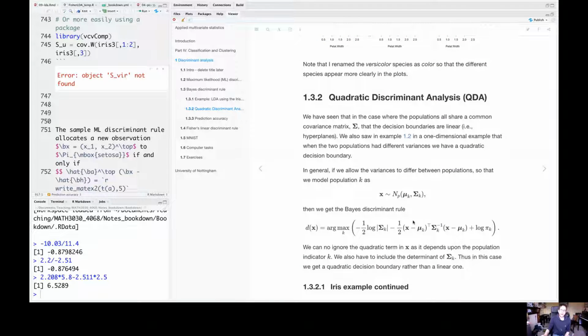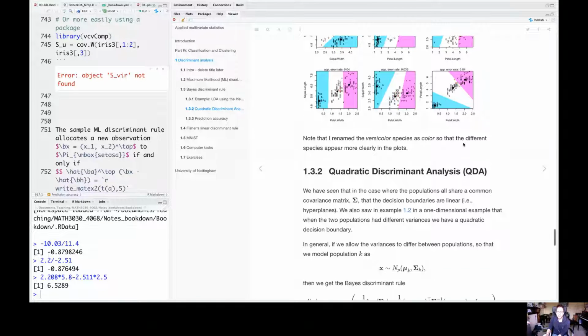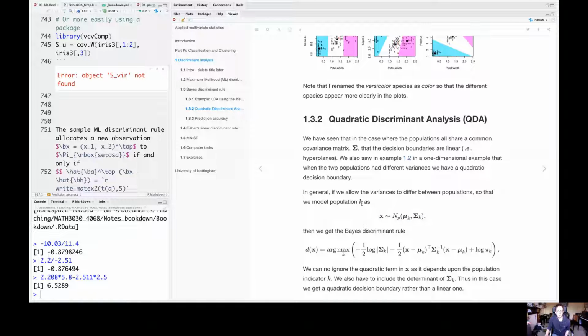So these here are linear decision boundaries. And we said we get linear decision boundaries if we use the same covariance matrix for each population. Okay. So if we have populations 1 up to G, and if we have population K being multivariate normal, we said that if we choose the same covariance matrix for each population, we get a linear discriminant rule.